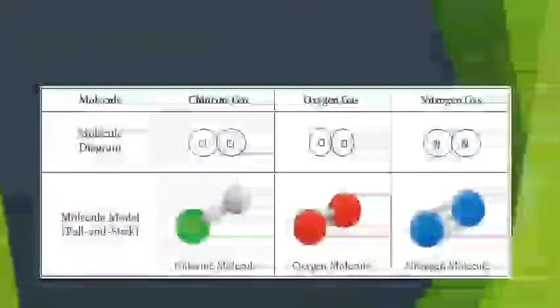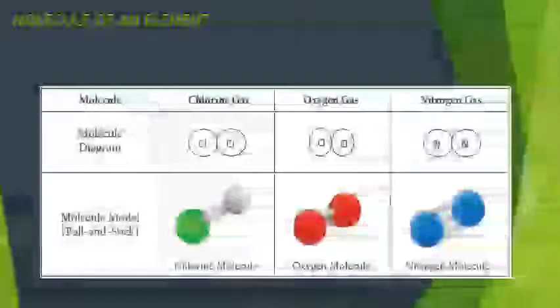Next concept is the molecule of an element. See, a molecule is the smallest particle of a substance that exists independently. Molecules of most substances are made up of only one type of atom of that element.